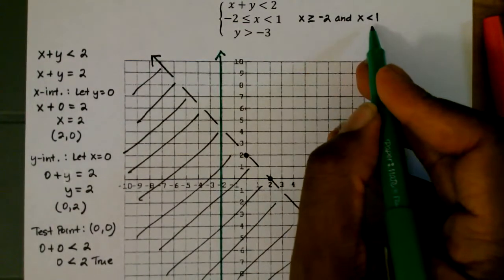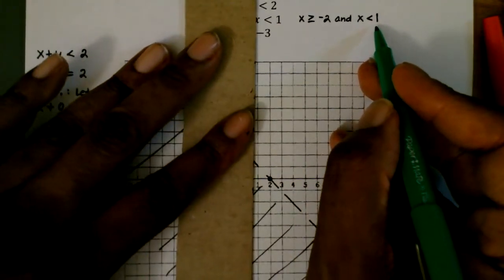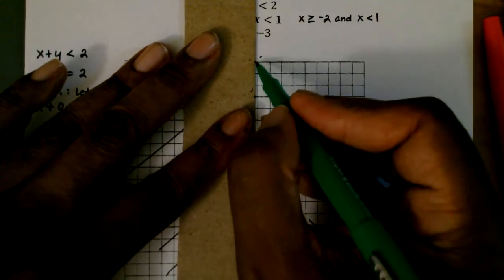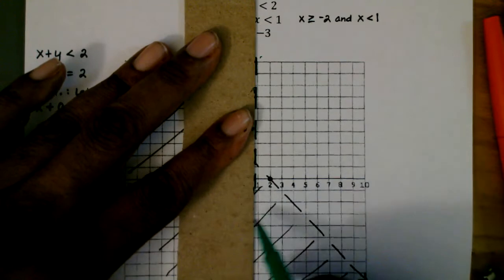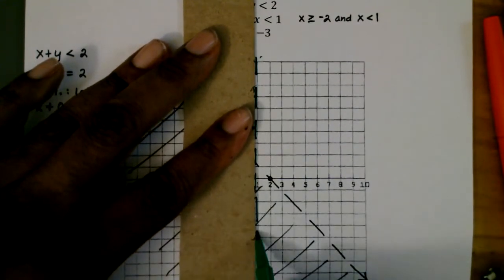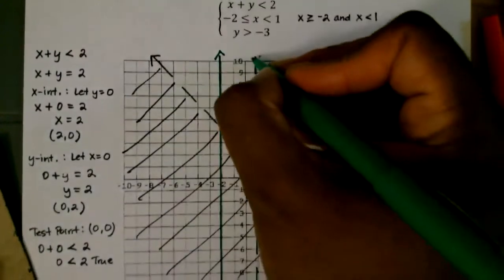But for x is less than 1, it's going to be a dashed line or a vertical dotted line at x is equal to 1. Like this.